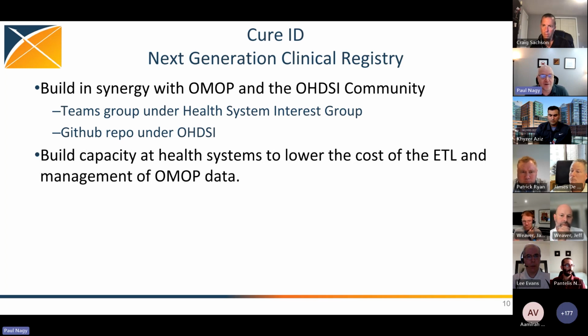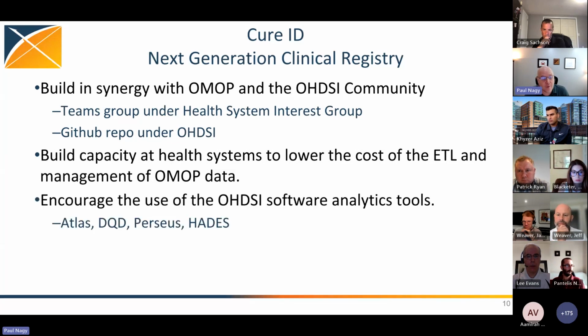And so I do feel like this is really a key mission for us, is to help lower that cost to be able to ETL data from different vendors into the OMOP data model and make it easier for them to refresh it and manage it and get value within their health systems. So this is something that I feel is really a great part of a next generation clinical registry.